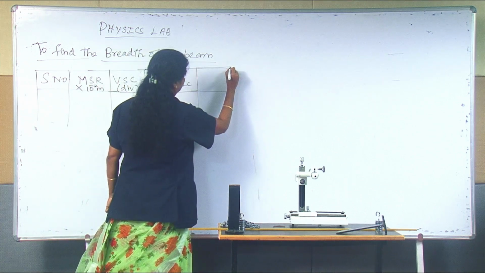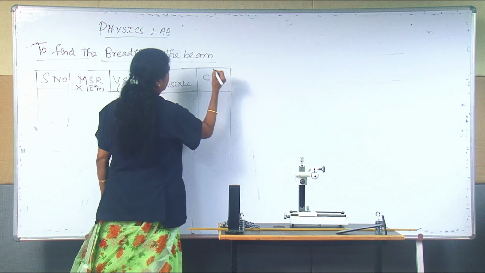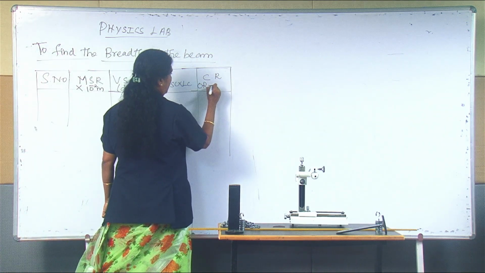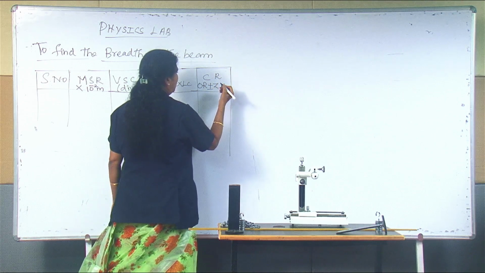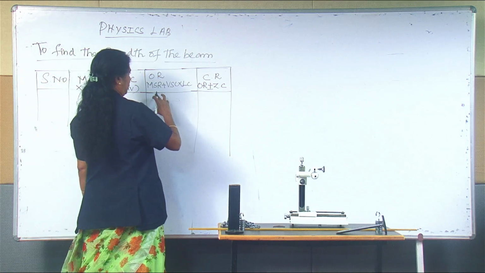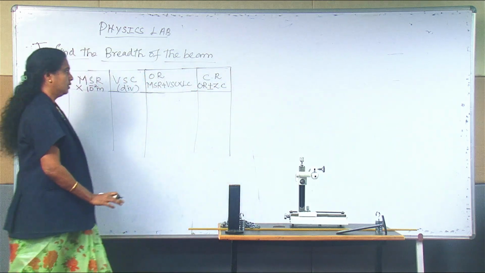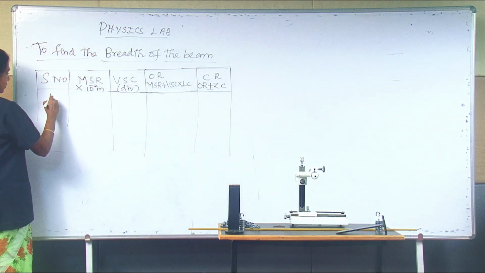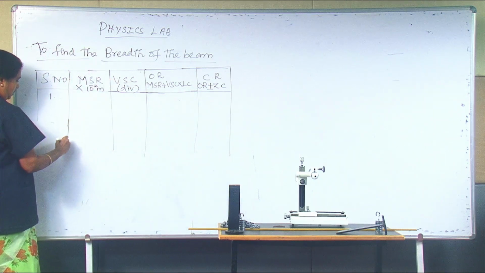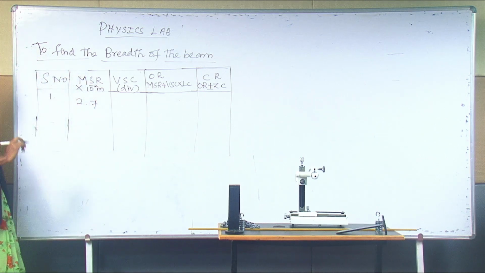And the last one is correct reading. Correct reading is nothing but observed reading plus or minus zero correction. Here there is no correction and error, so simply whatever reading you got as observed reading, that is the corrected reading. It's very simple. For example, if it is 2.7, this is an example only, 2.7.